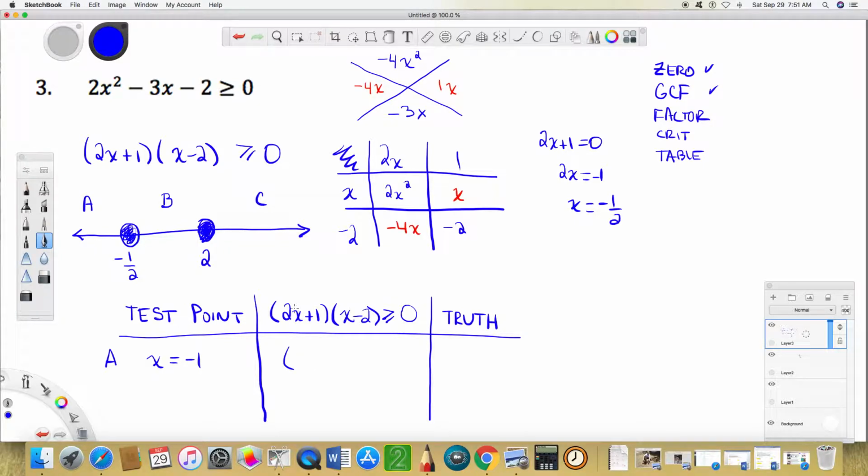Well, positive 2 times a negative 1 is negative 2, and negative 2 plus 1 is negative 1. X minus 2 is now negative 1 minus 2, which is negative 3. And that's a true statement because the negative times the negative is positive, and 3 is greater than or equal to 0. So that's true. And I'm going to include every point in region A in my solution set.